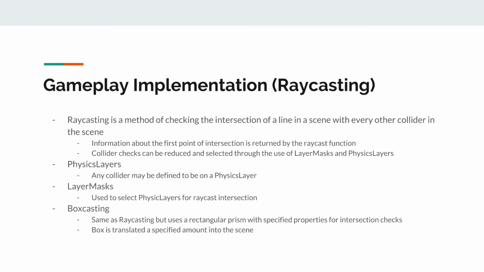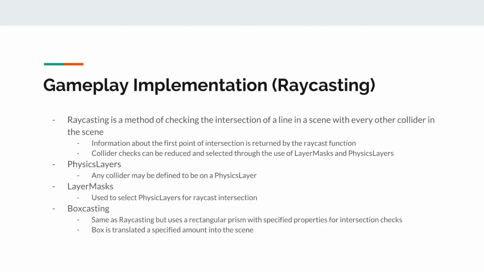Physics layers are the ID that you put on each collider in the scene, and layer masks are how you select and mask out those IDs. Box casting is also a term we'll be using, which is basically the same as raycasting, but uses a box, or rectangular prism, with certain properties which you can specify in the function call.